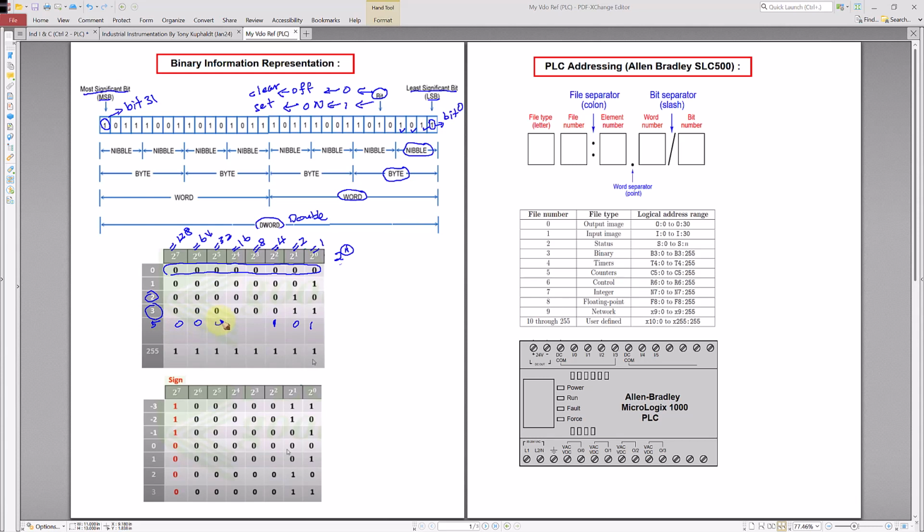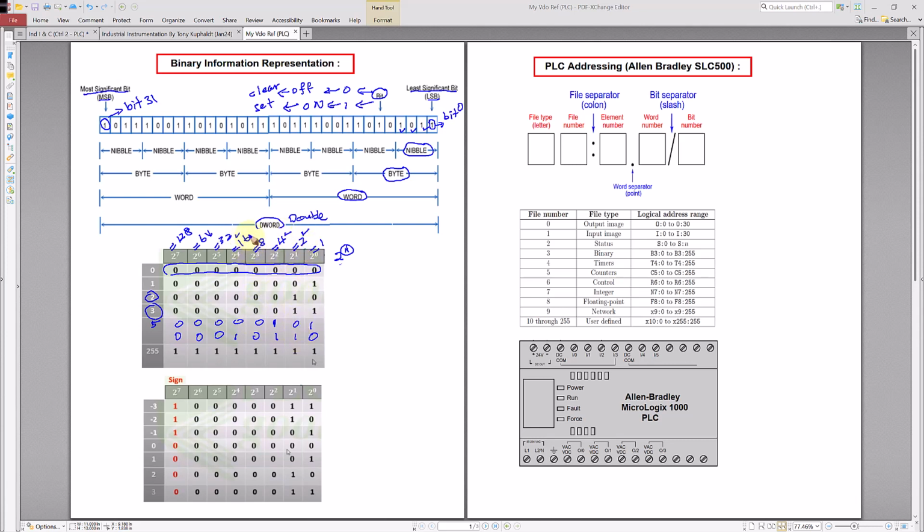5 is the decimal value. Now another example: 1 0 1 1 0. What is the equivalent decimal value for this group of numbers? This one equals 16, this one equals 4, and this one equals 2.